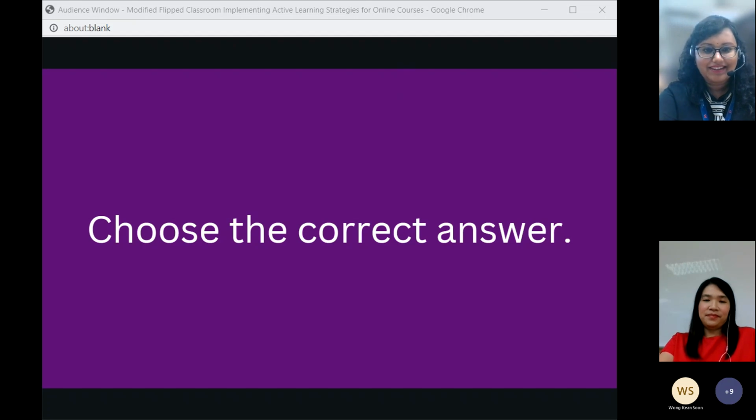Option A, a teaching method where students watch videos before class and in class they do discussion? Option B, where students memorize the information before class and come here and do a quiz? Or option C, where students teach themselves with the materials without any guidance?